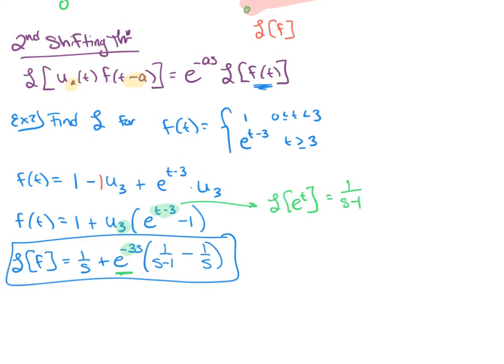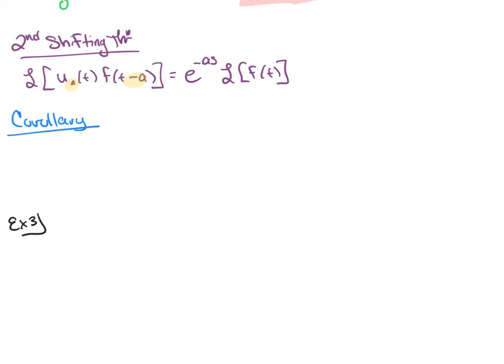I want to state the corollary and then practice a bunch where there might not be a shift that matches the unit step function. So it might look something like this. So before I write the corollary, I want to show you what this will look like. We're going to find the Laplace transform of, I'll do the writing of the piecewise function for you in the unit step function way. So let's just write the f of t already as a unit step function.